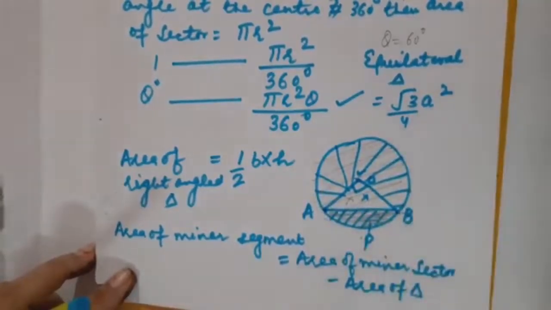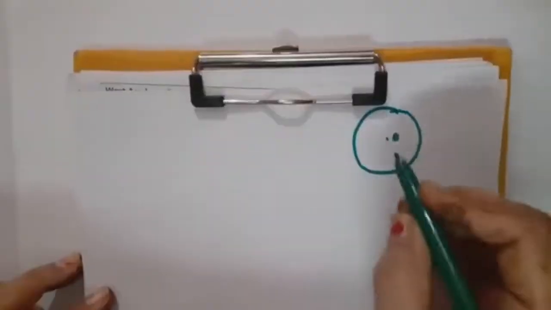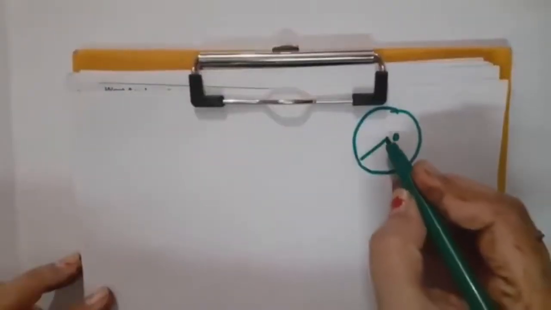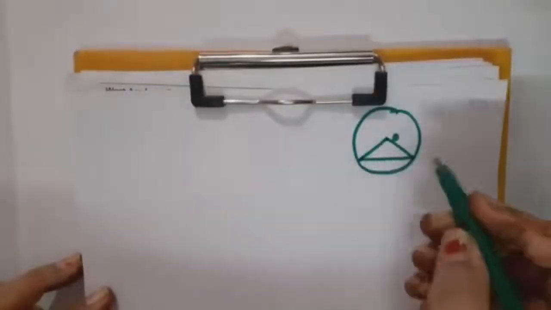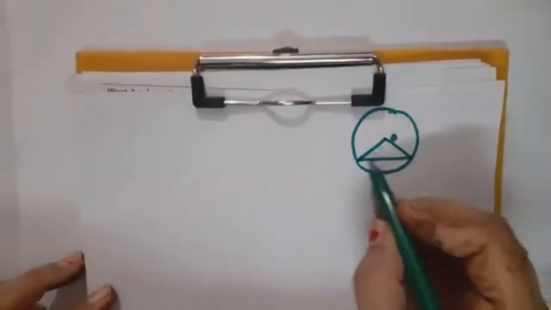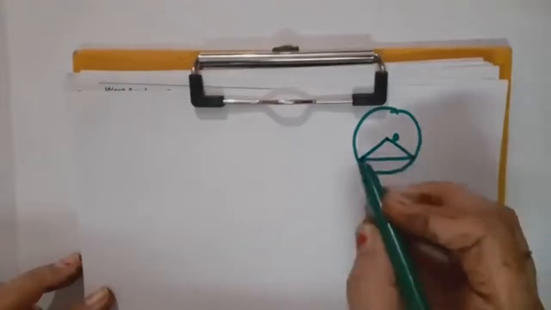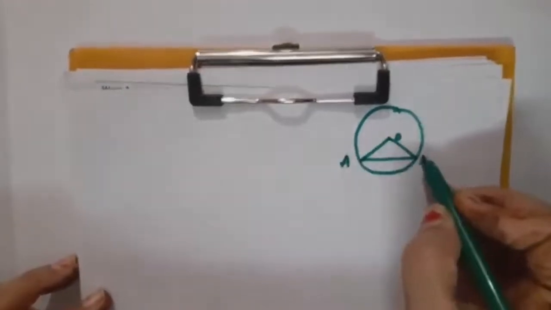Clear? So children, point O. These are two radii of the circle. I am going to join both of these endpoints which touch the circumference of the circle and name them AB.